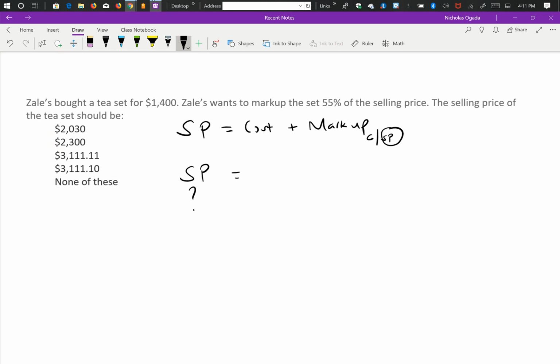But we know that the cost of this set is 1,400, and we know that the markup is 55%, but this markup is based on a selling price. We don't know what the selling price is, so we just substitute here, and I'll use SP as the short form for the selling price. This is the same kind of equation that we worked with in chapter 5: one equation with one unknown.